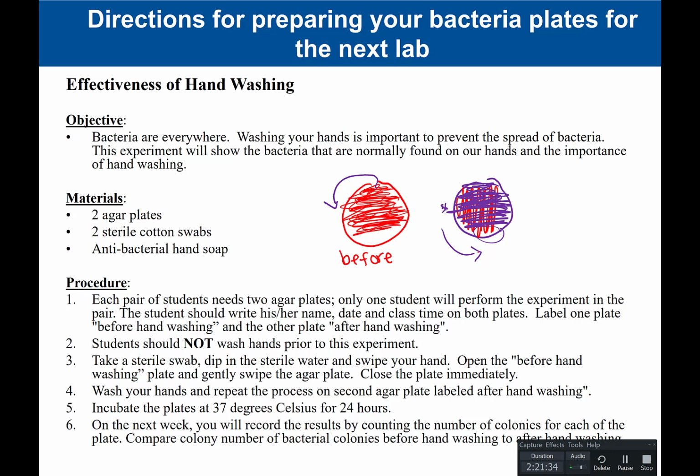So if I went between my fingers before, in my after I need to go between my fingers again. Then I'm going to repeat the same process on a plate that I label after. So I have my before hand washing plate and I have my after.